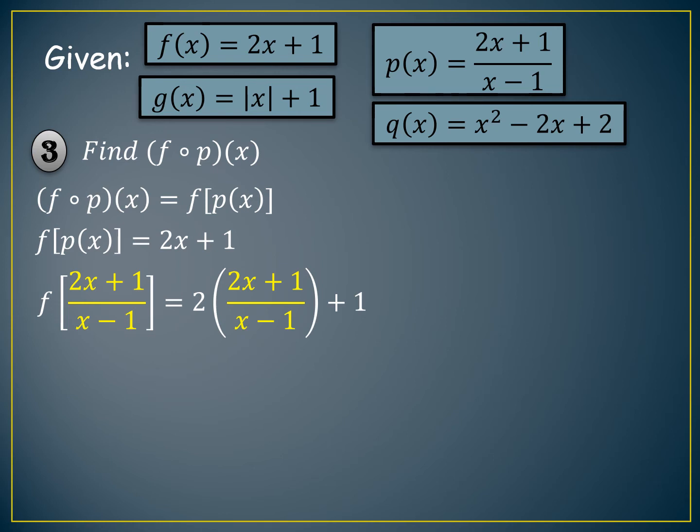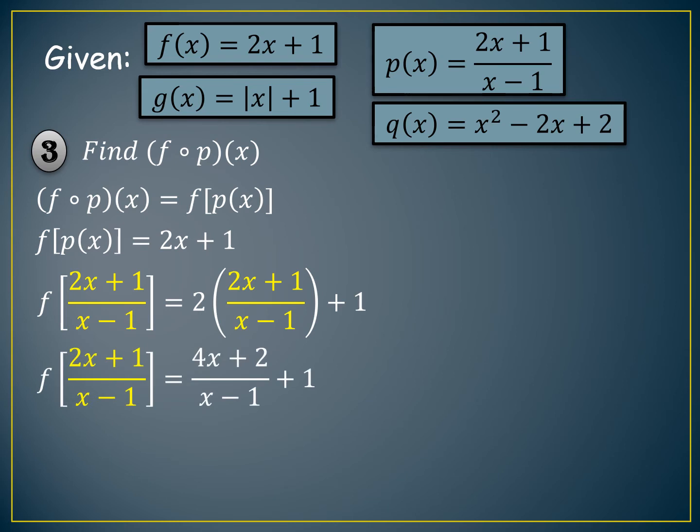So, change the x. So, it becomes 2 times 2x plus 1 over x minus 1 plus 1. Okay, when multiplying, again, numerator times numerator, denominator times denominator. So, multiply 2 with the numerator 2x plus 1. So, distribute that.